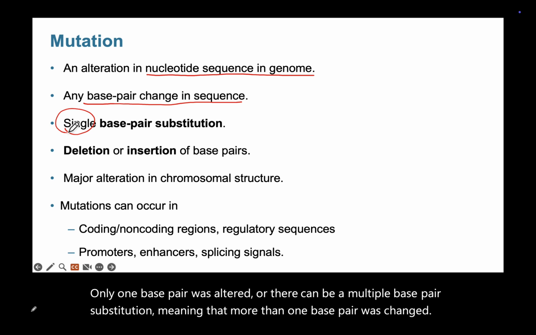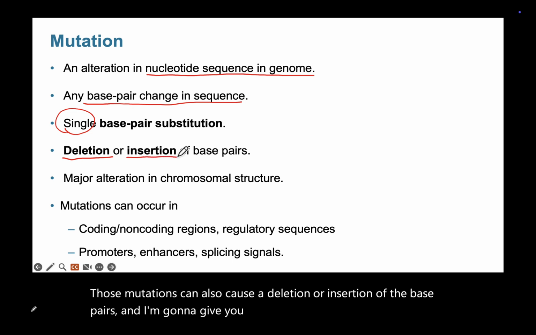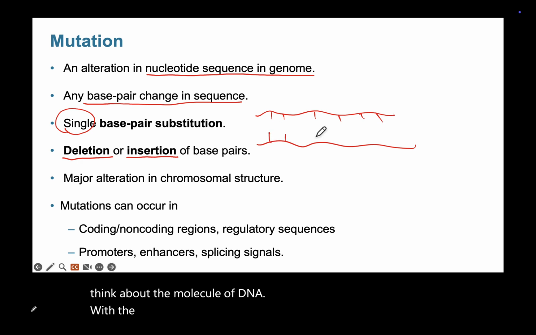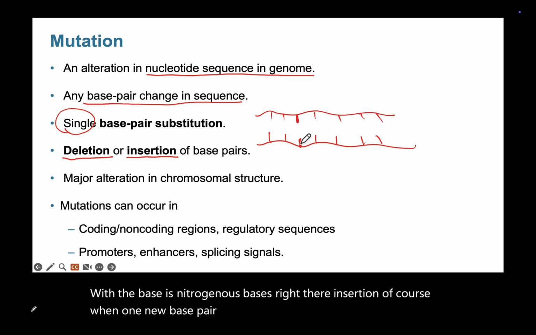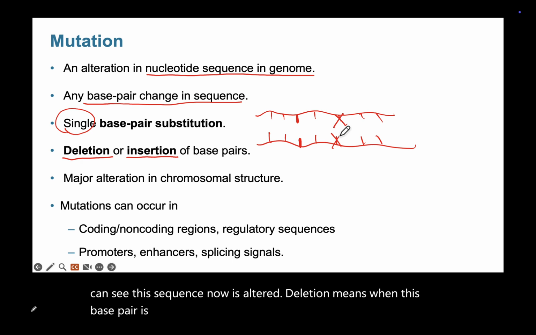Those mutations can also cause a deletion or insertion of the base pairs, and I'm gonna give you an example of that soon, but just think about the molecule of DNA with the bases, nitrogenous bases, right there. Insertion occurs when one new base pair is inserted in that sequence. And as you can see, the sequence now is altered. Deletion means when this base pair is removed from that sequence.